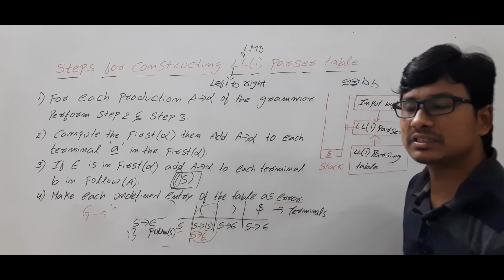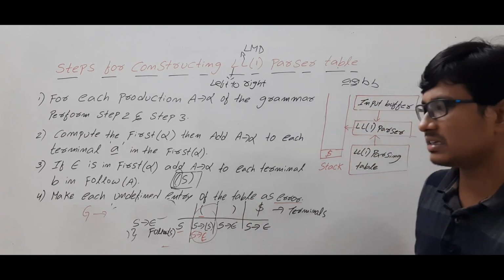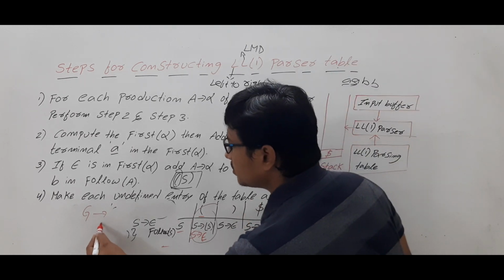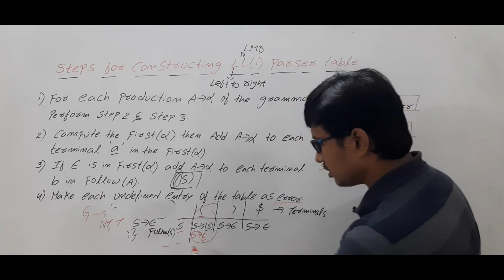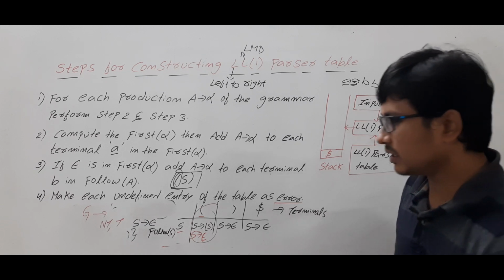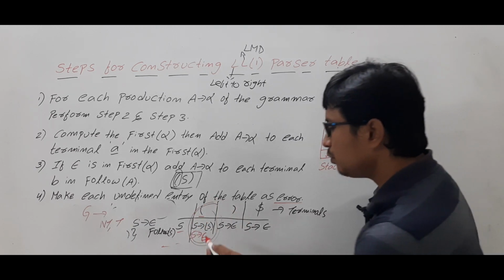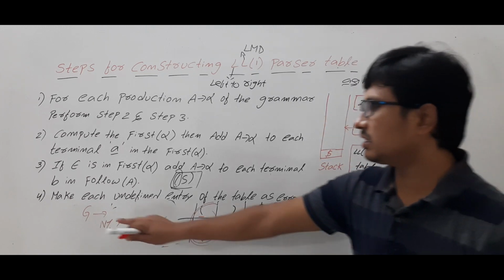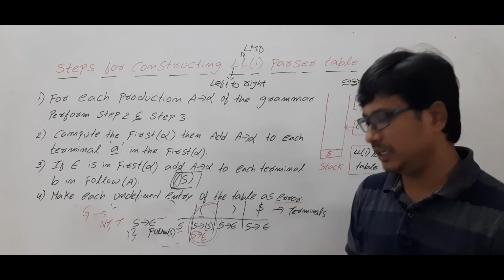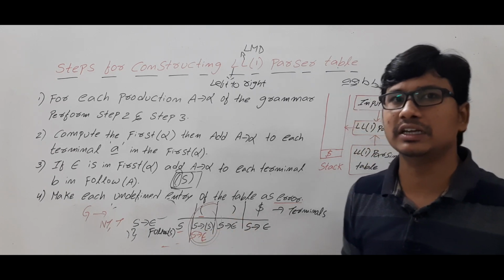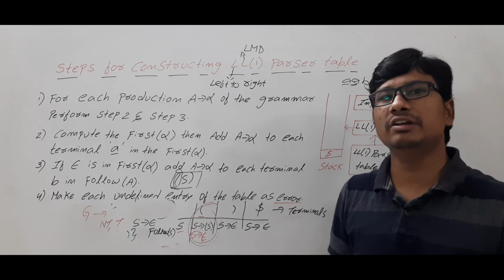S on open braces, or S on closed braces, S on terminal, or I can say some non-terminal, some terminal. When you are looking, if you have more than one production, then we will say that for that grammar we cannot construct an LL1 parsing table. Meaning, the parsing table we are constructing, but that grammar cannot be parsed using the LL1 parser.